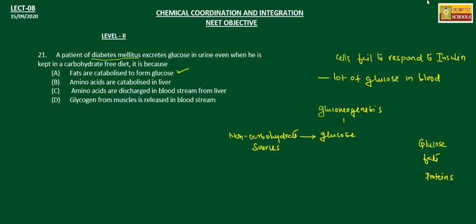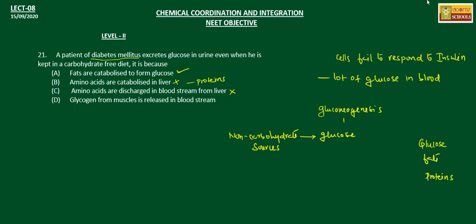Let's see the other options. Amino acids are catabolized in the liver. No, this is concerned with proteins. Amino acids are discharged into the bloodstream from the liver. No, so this is also not the option. Glycogen from muscles is released into the bloodstream.